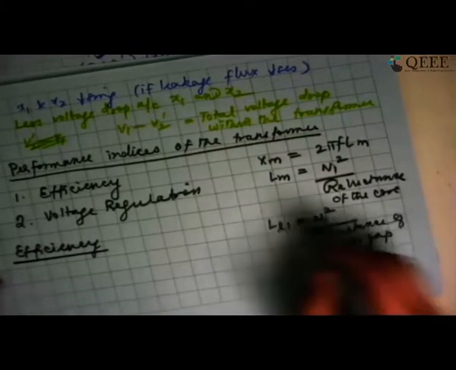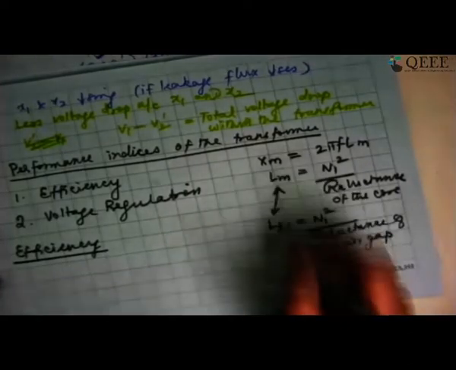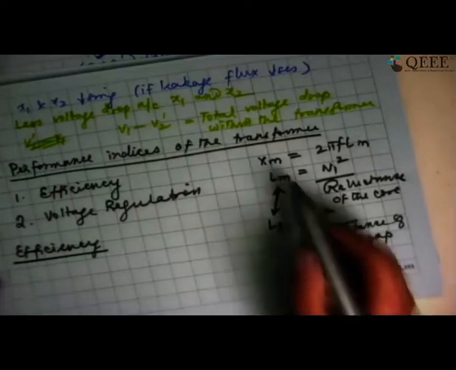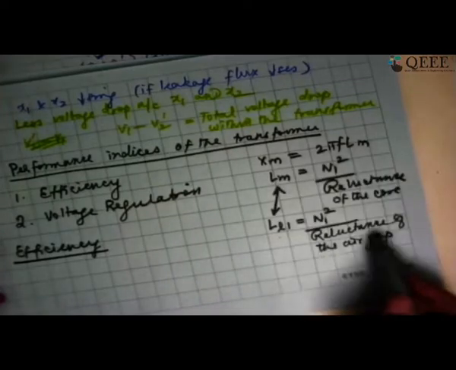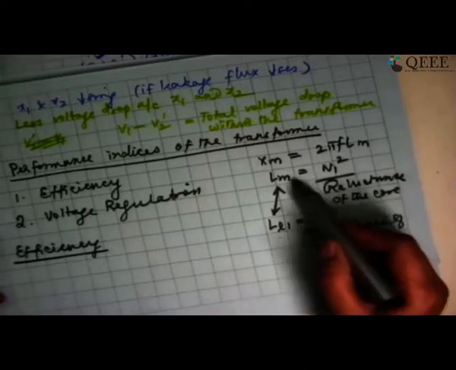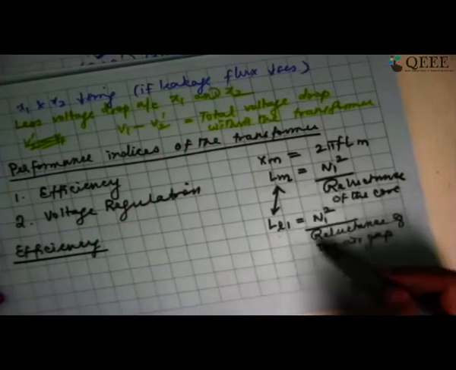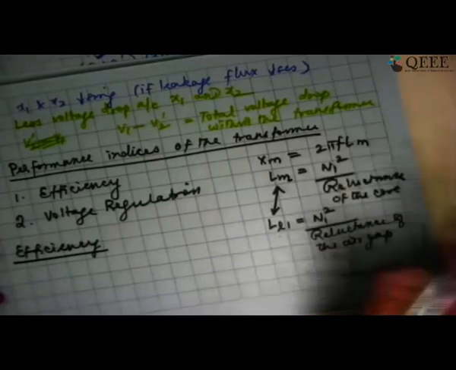Now, the relationship between these two essentially tells me what is the fraction of LL1 compared to Lm. That's what tells me how much is the percentage leakage reactance. So, by adjusting the length and window in proportion to whatever I am getting as Lm, I make sure I am keeping the leakage reactance under control.